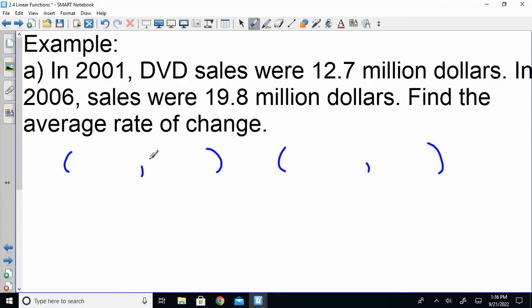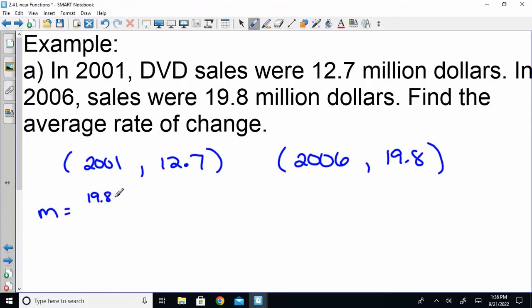2001, 12.7. And the second one? 2006, 19.8. So then we do our slope.